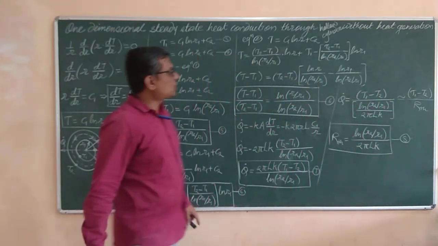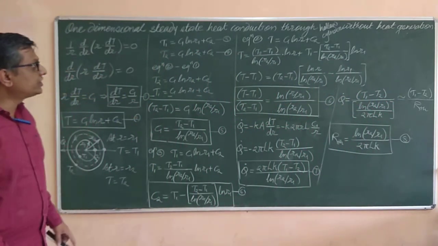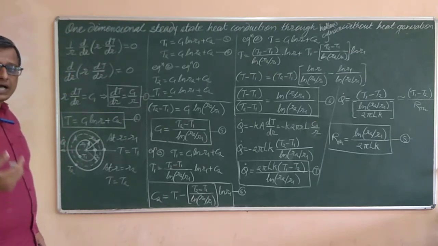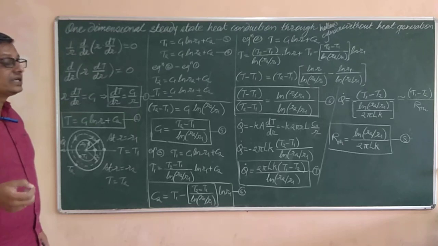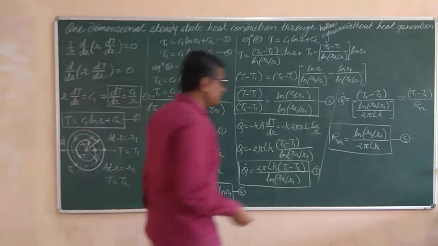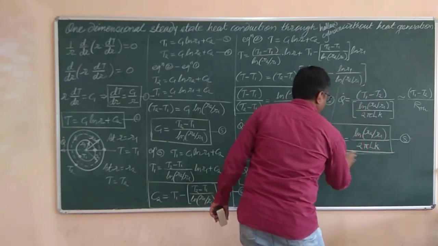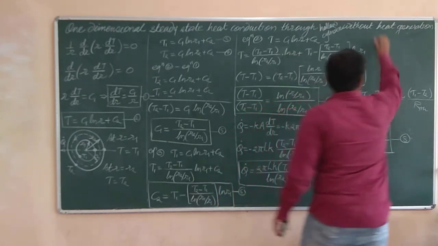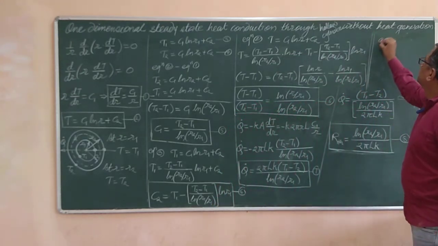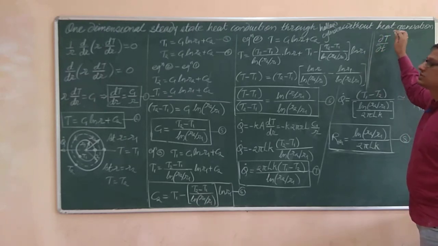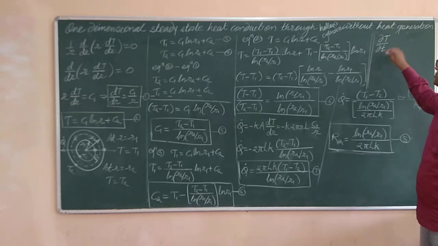So this is all about the one-dimensional steady-state heat conduction through a hollow cylinder without internal heat generation. Remember that I already told you at the beginning, but once again I would like to tell you, all this we have derived for one condition, that is del T by del small t, the rate of change of temperature with respect to time, equal to 0.